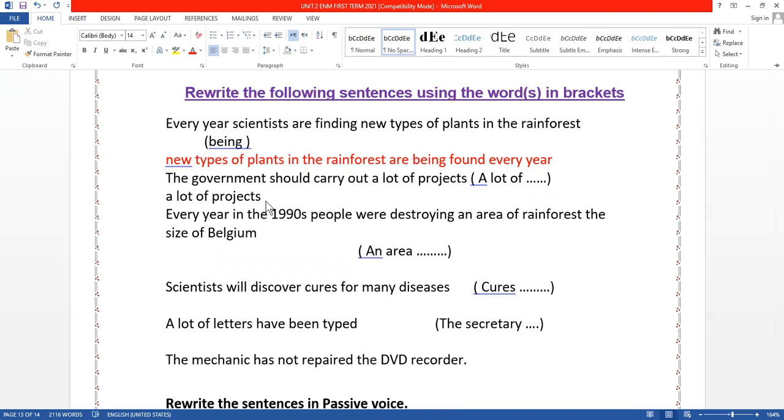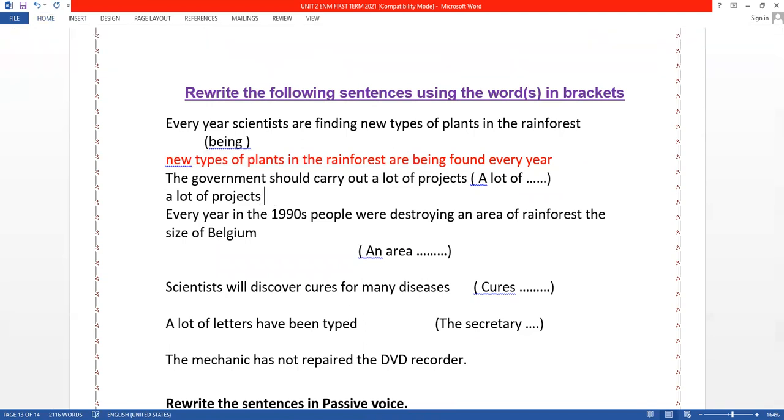A lot of projects should be carried out by the government. A lot of projects should be carried out.